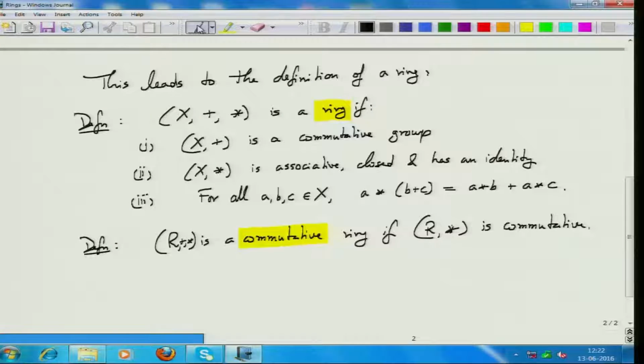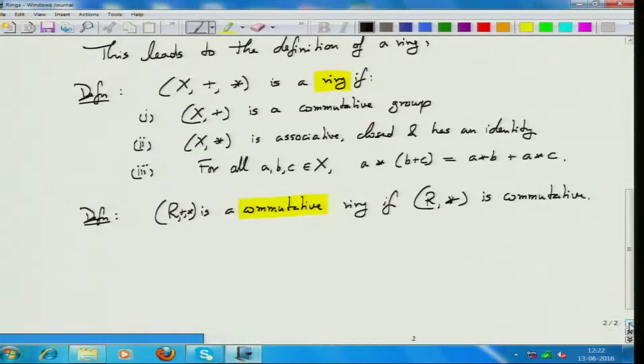And again, for the purpose of this course, we will be interested essentially in commutative rings, not in other types of rings. So whenever I say a ring without specifying commutative or non-commutative, it will normally mean a commutative ring. So that's the definition, pretty straightforward.